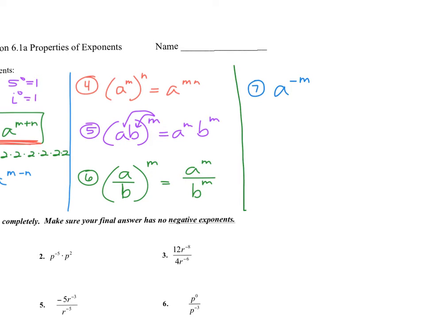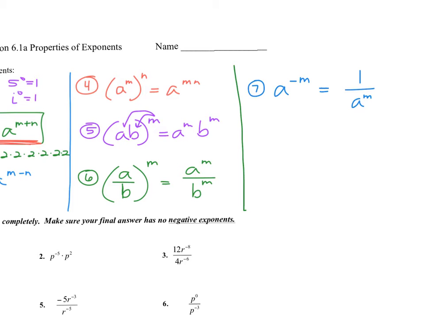So to simplify with negative exponents, does anyone remember what you do with this? You do 1 over, right? So it's kind of like you're taking the reciprocal, you're flipping. So this 1 is going to replace our a because there's nothing there otherwise. And we'll put a to the positive m down below, okay?